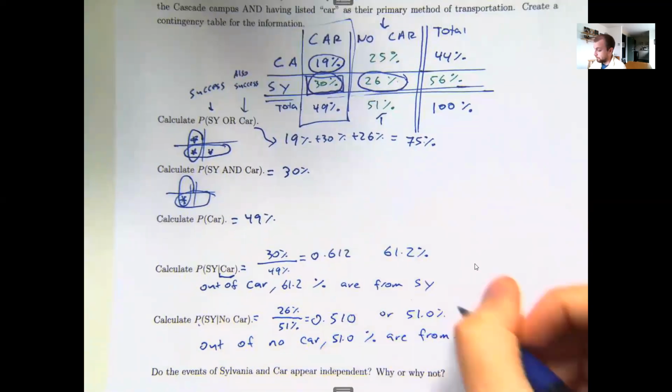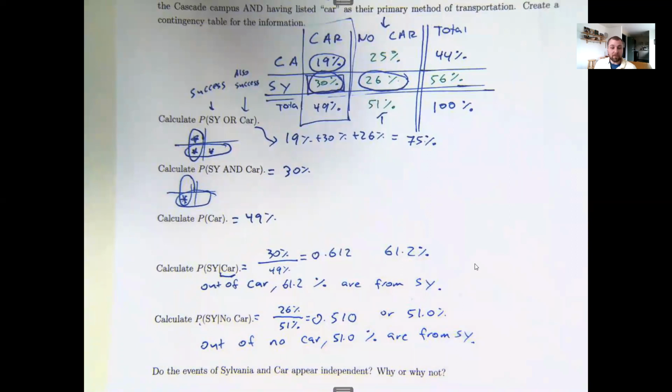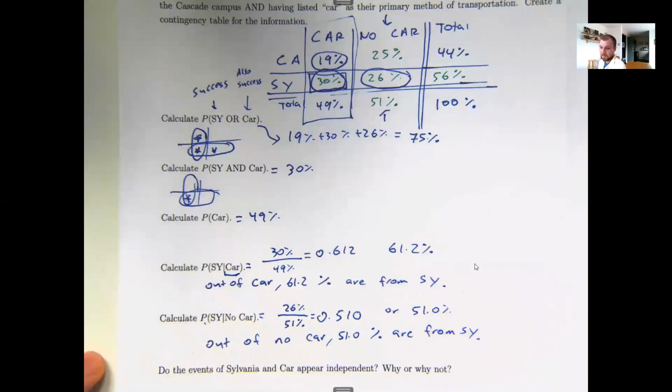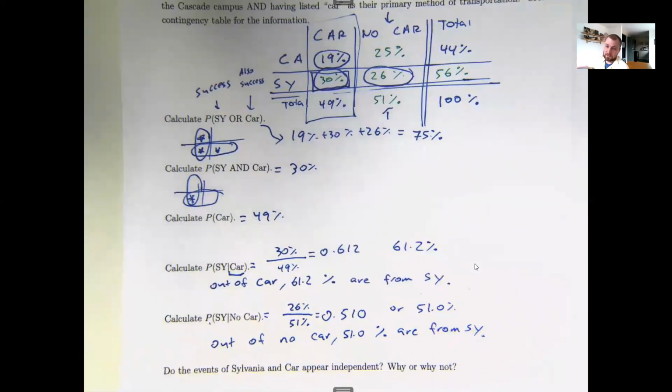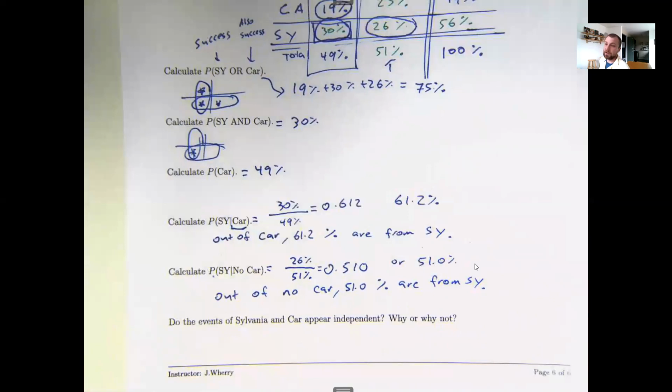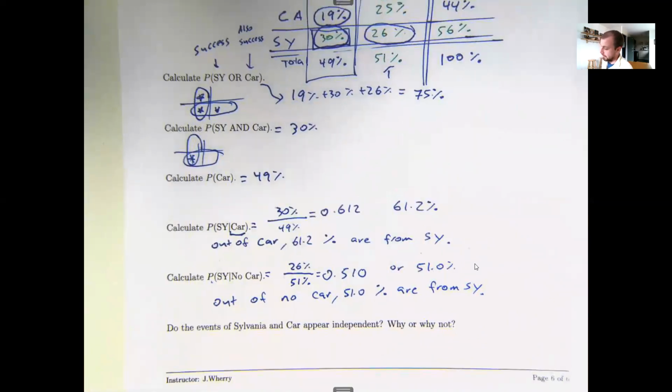Let's compare. If people have a car, there's a 61.2% chance they're from Sylvania. If they do not have a car, there's a 51% chance that they're from Sylvania. So I might be curious, is there a relationship between having a car and where you take your classes?